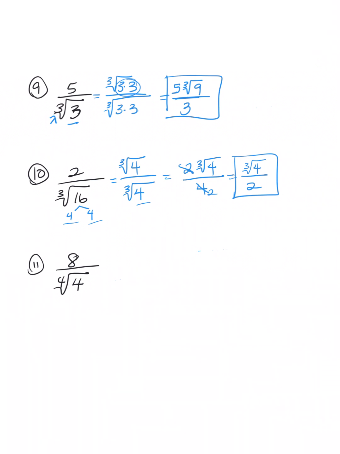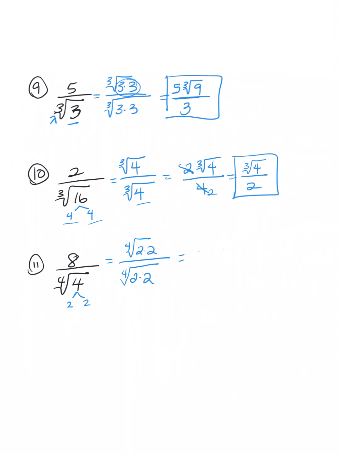Lastly, let's look at number 11. On the top here, we have 8, and it's the 4th root of 4. Well, 4, break it down, is 2 times 2. I need 2 more 2's to make that 2 pop out, right? That would mean I need the 4th root of 2 times 2, if you want to do it that way, or you can say the 4th root of 4.